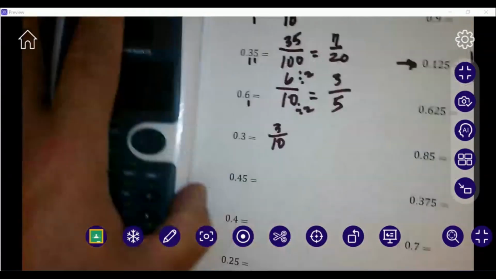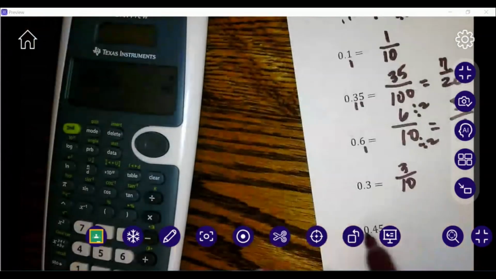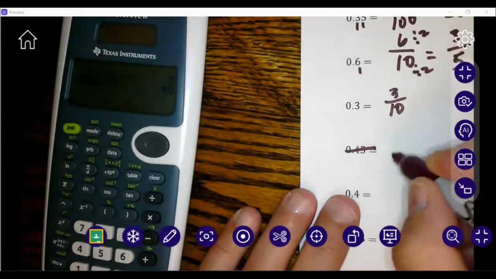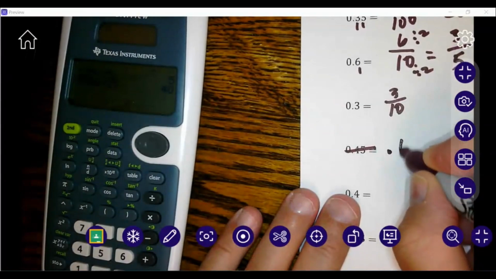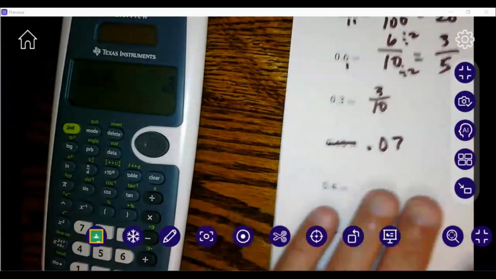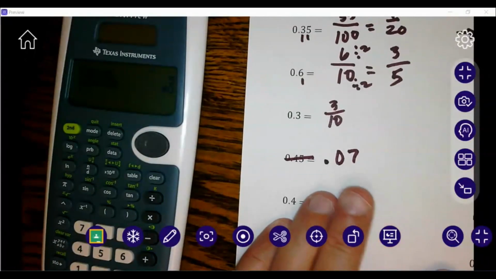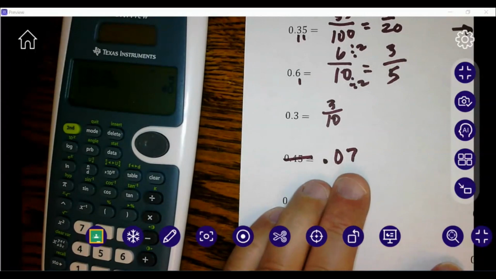Now, there are some that are not on here, so I'm going to change a couple of these problems. I'm going to change this to 0.07. What would that be as a fraction?